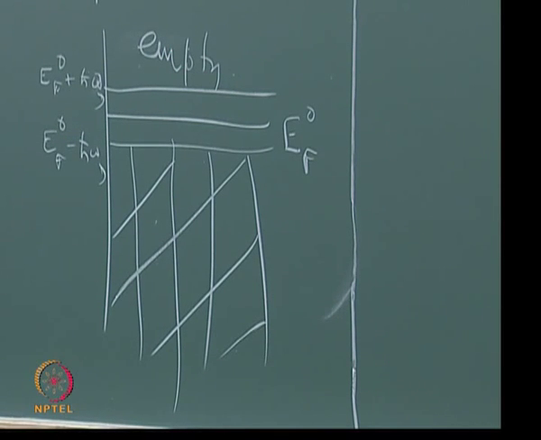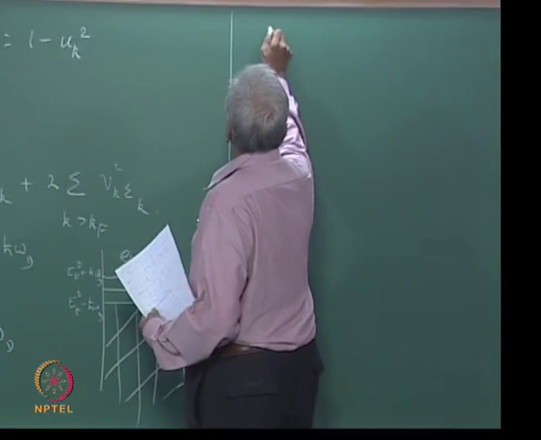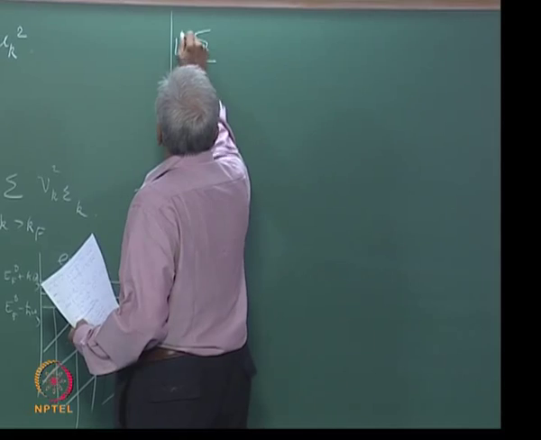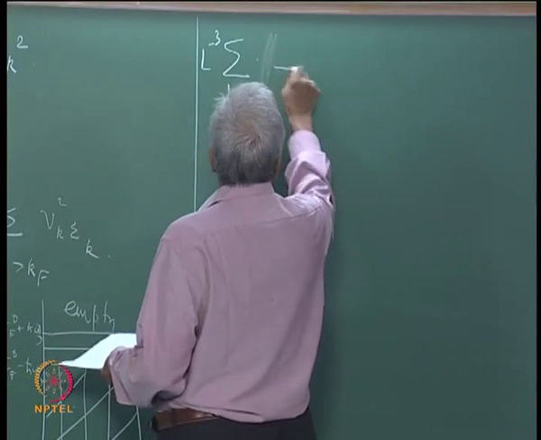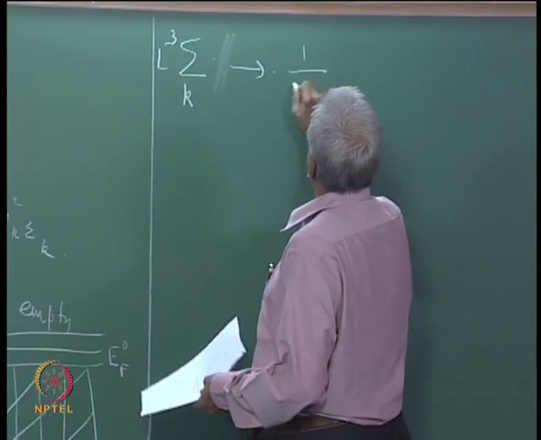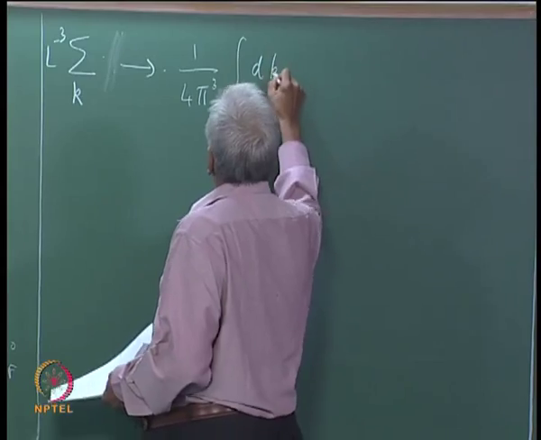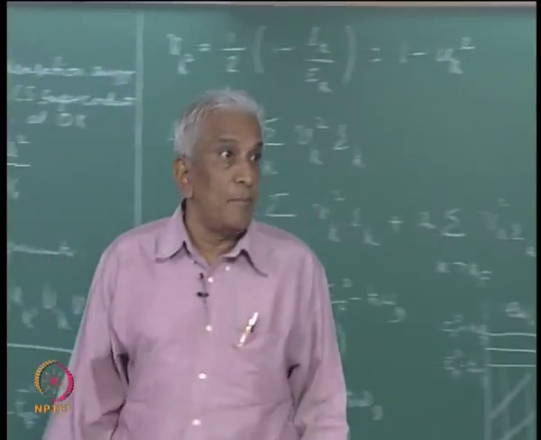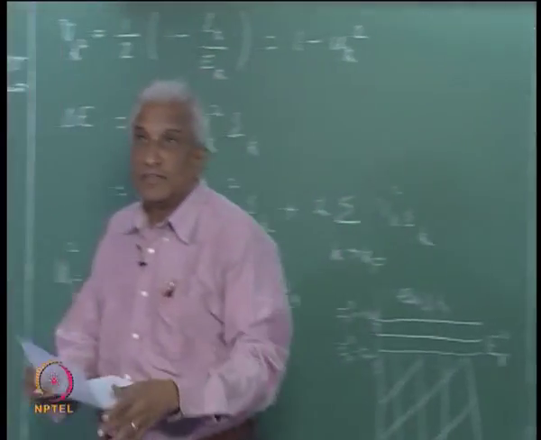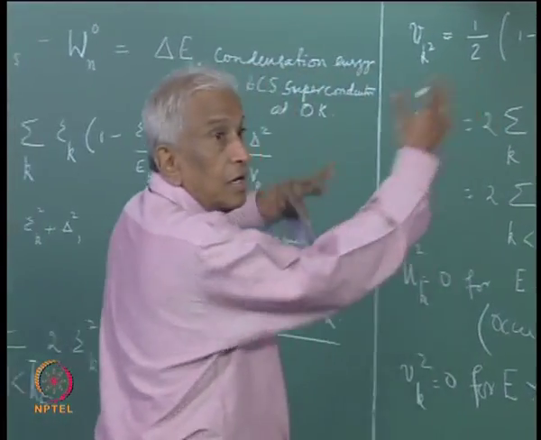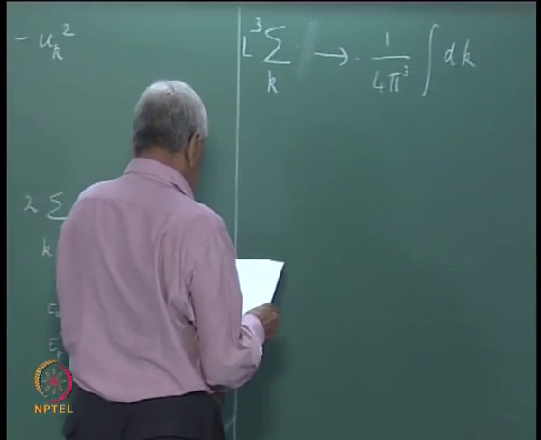Using this, we can simplify delta E, and we go from L to the power minus 3 summation over k to 1 by 4 pi cube integral dk. In other words, we convert the summation into an integral, since it is a quasi continuum of states with a density of states function.